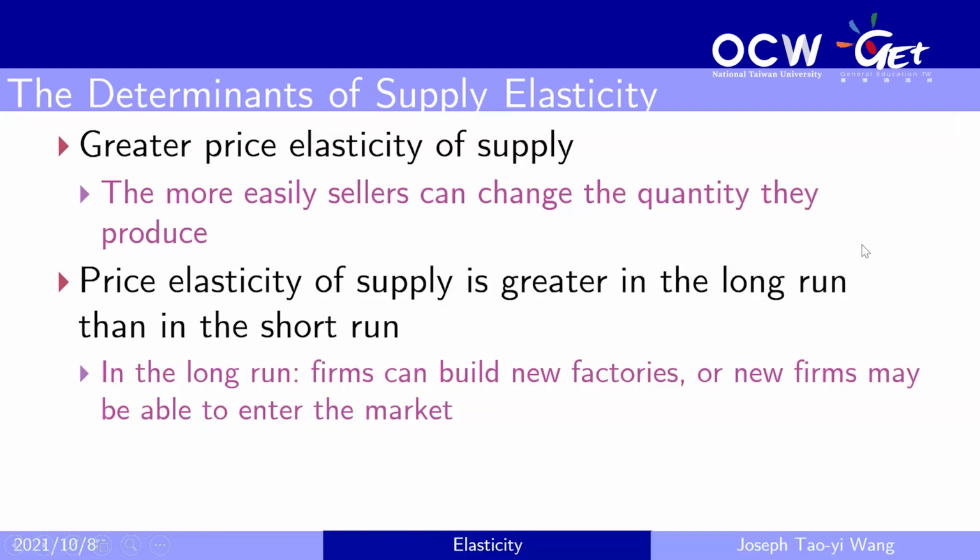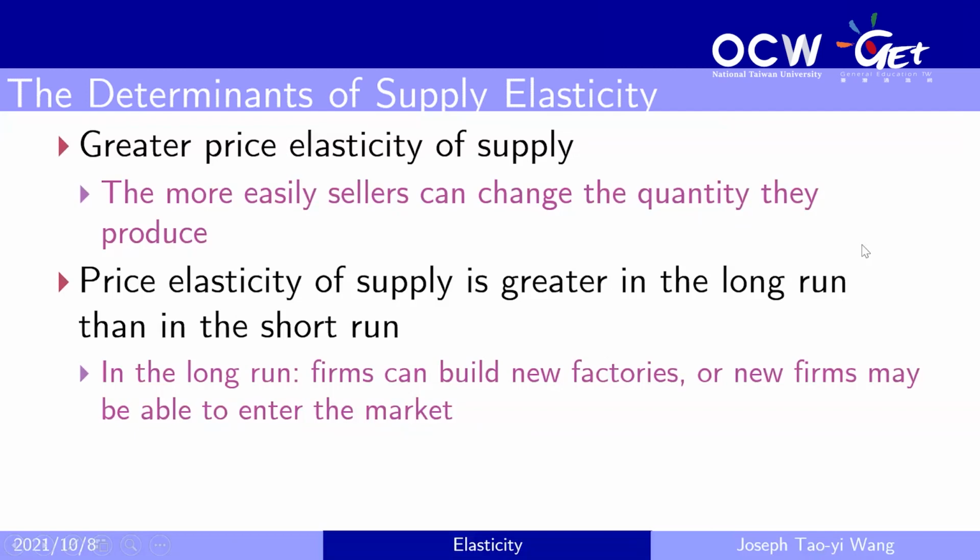So in that sense, in the long run, the sellers can adjust and they can change the quantity they produce more freely than in the short run. So price elasticity is larger in the long run compared to the short run. I think somebody asked on Slido about the price elasticity of demand in the short run versus long run, and I think the same thing applies here.